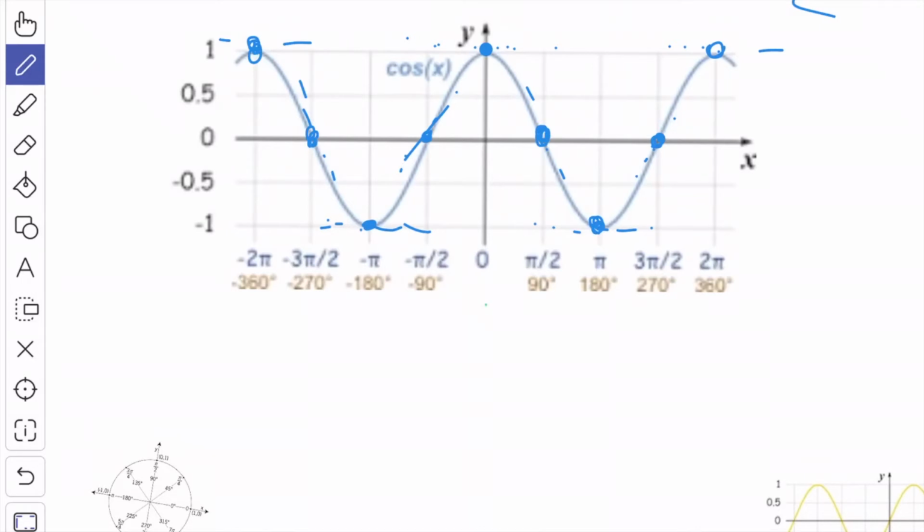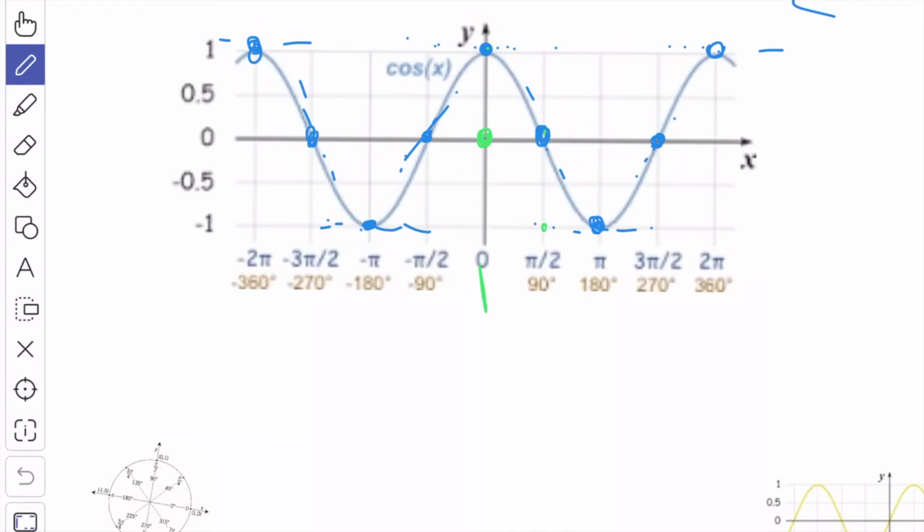So here at x equals 0, we said the slope was 0, so we're going to draw that as point 0. At pi over 2, right there, we had maximum slope, but it's a negative slope. So we'll use the same amplitude, so that negative slope comes down to here.